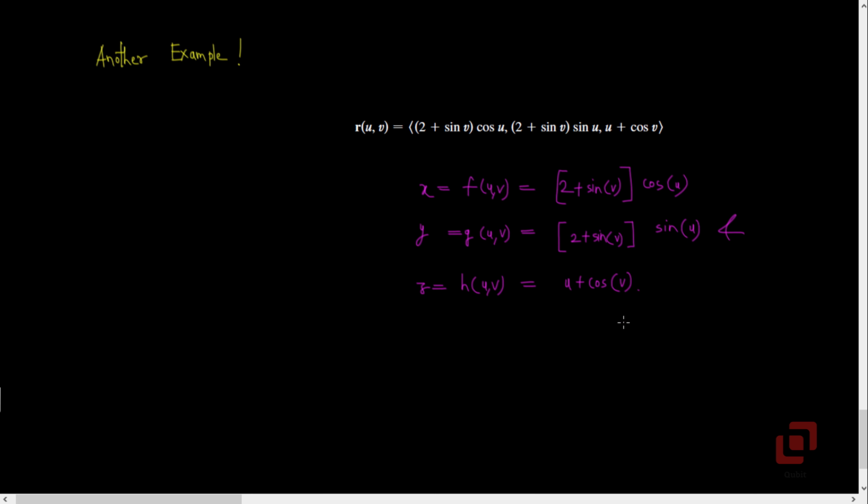So unlike the example of paraboloid where z was only a function of one parameter, here z is a function of both u and v.